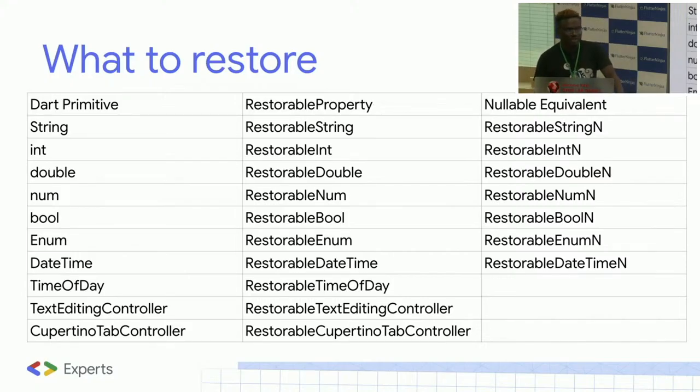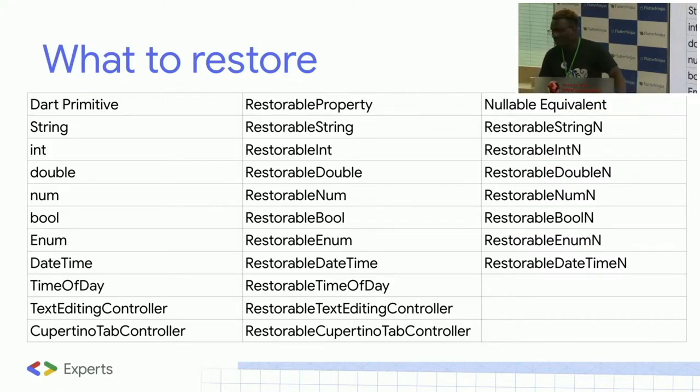So for strings, we have RestorableString. For integers, we have RestorableInt. For double, we have RestorableDouble. For num, RestorableNum. So for every primitive, we have Restorable X, where X is the actual primitive, right? So RestorableTimeOfDay, RestorableDateTime, RestorableTextEditingController, RestorableCupertinoTabController.